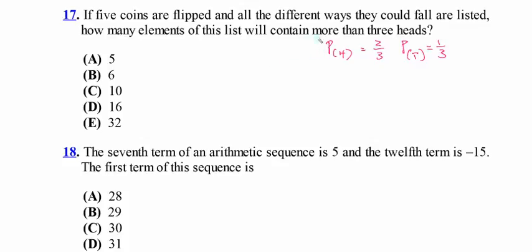Okay, now you have more than 3 hits. Okay, so this is what we call the binomial probability. So basically, let's talk about 4 hits. Okay, you flip 5 coins. So you got more than 3 hits.